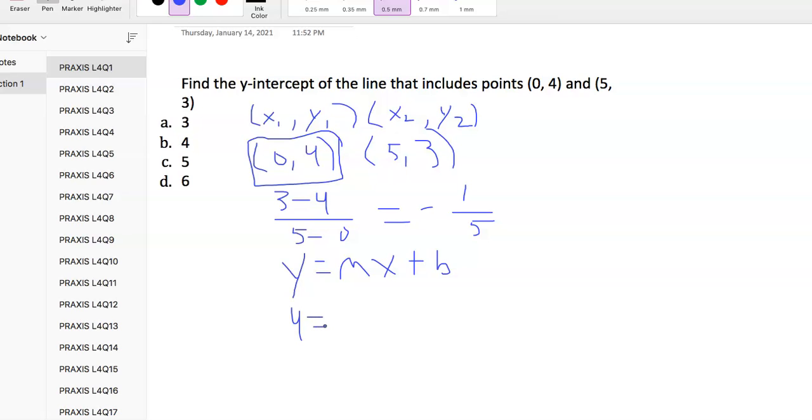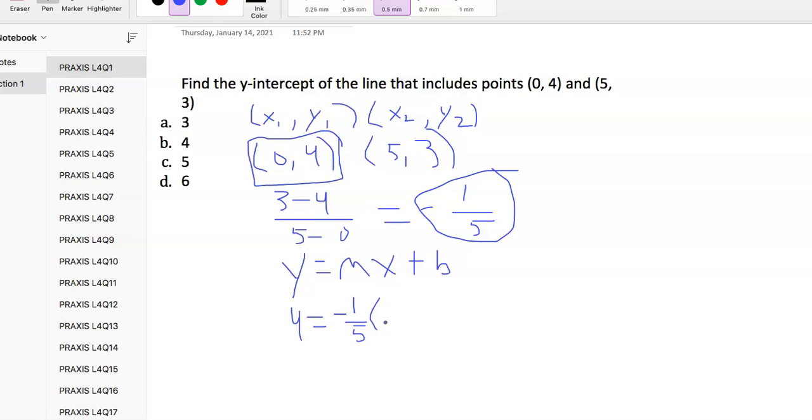equals, and then the slope we just found is m. All right, so you just kind of have to get used to some of this stuff. m is slope, negative 1/5, we put in that slope that we just found right here. x is 0, right? We plugged in 4 for y.